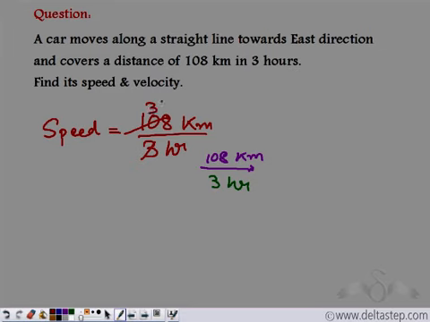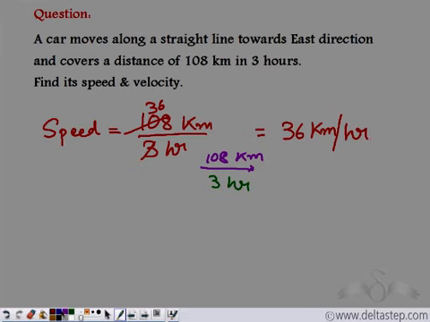We get 36. So speed is 36 kilometers per hour. That is, the car is moving 36 kilometers in 1 hour.